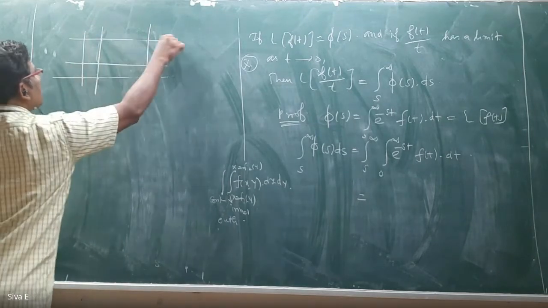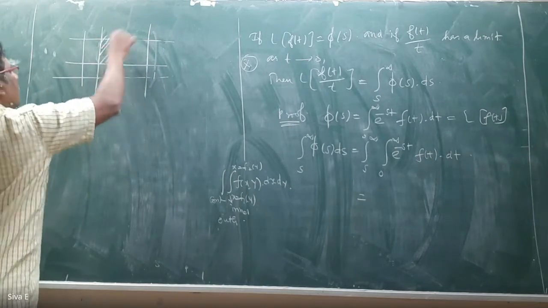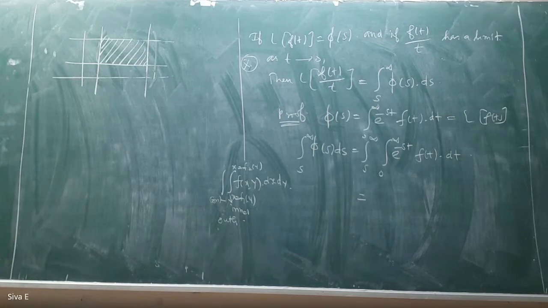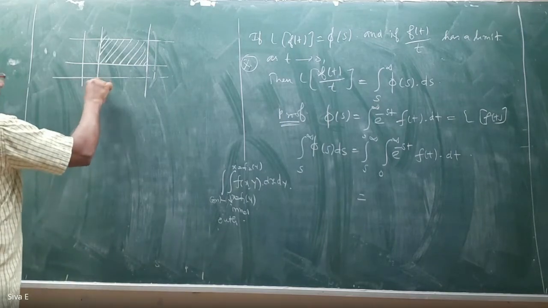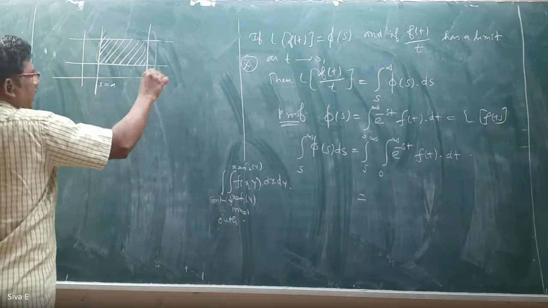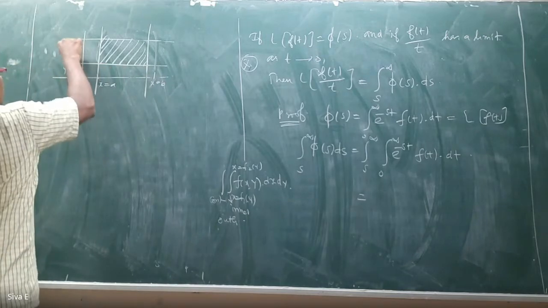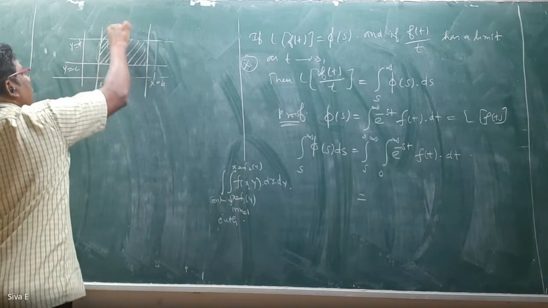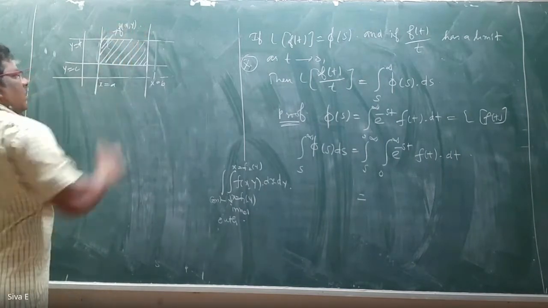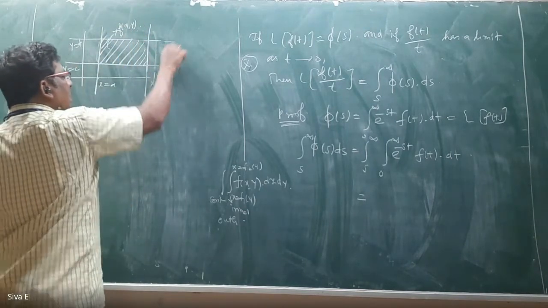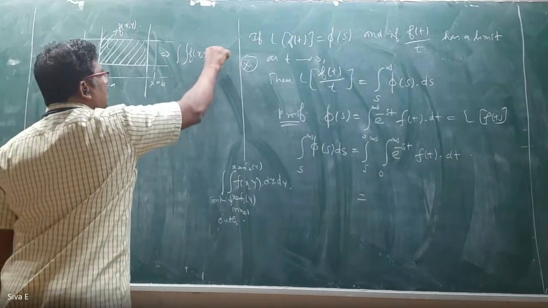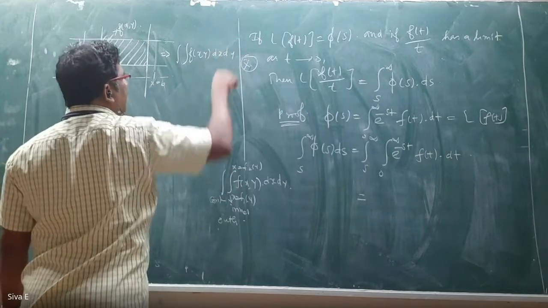What is the area of this region? So here x equals a, x equals b, y equals c, y equals d. This is the function of x comma y. Then this will be converted into f of x comma y dx dy or dy dx.